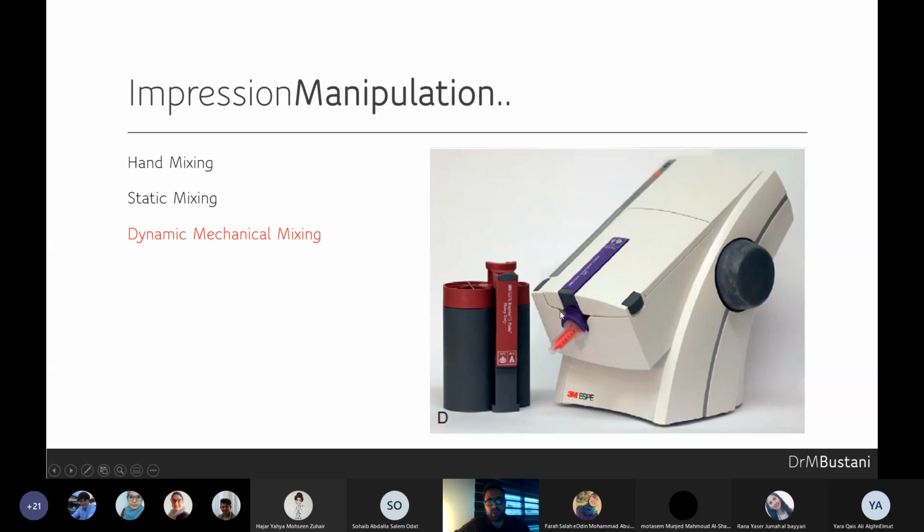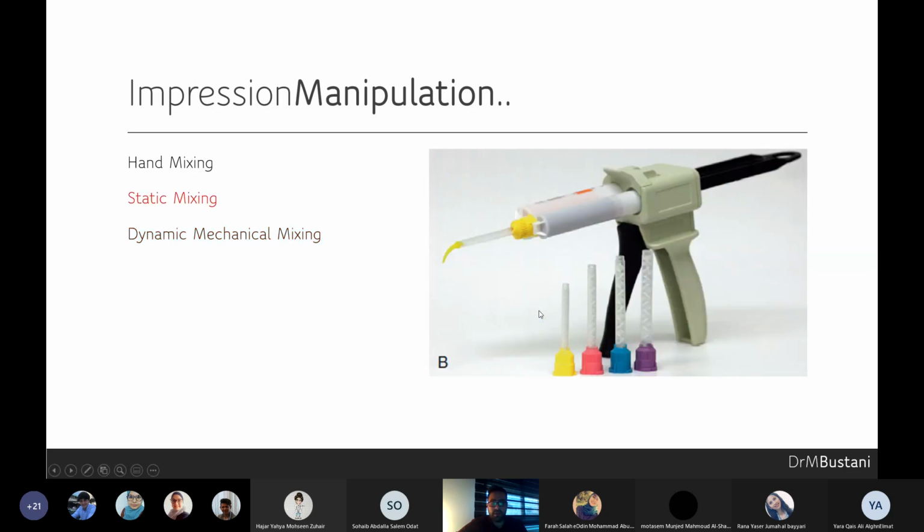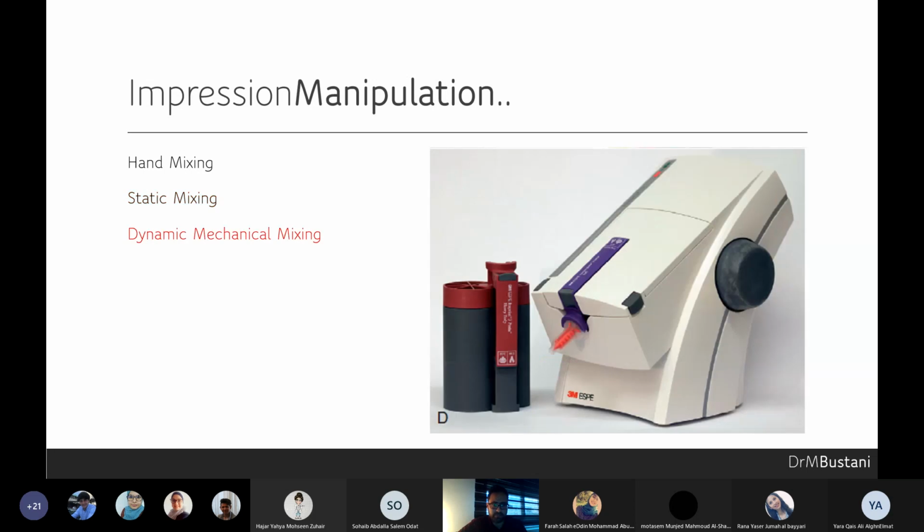It's mainly used with heavy and medium body consistencies of silicones and polyether, because they require a little bit more force than the manual gun. Okay. Believe me, it's very hard to dispense a heavy consistency using a handgun.